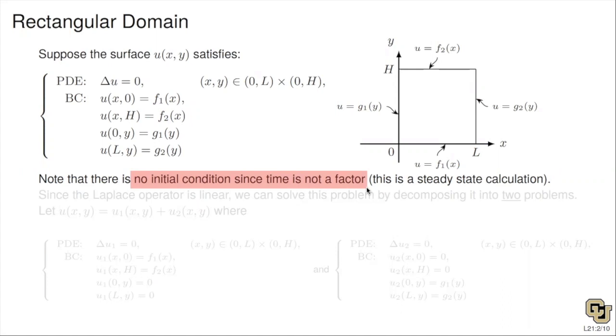This is a steady state calculation, essentially. So there's no initial condition. An initial condition is the behavior of the function at some initial time, typically t equal to 0. Here, time is not a factor. There's no initial condition, but we do have boundary conditions. And since this is a two-dimensional problem here, we have 4 boundary conditions here.